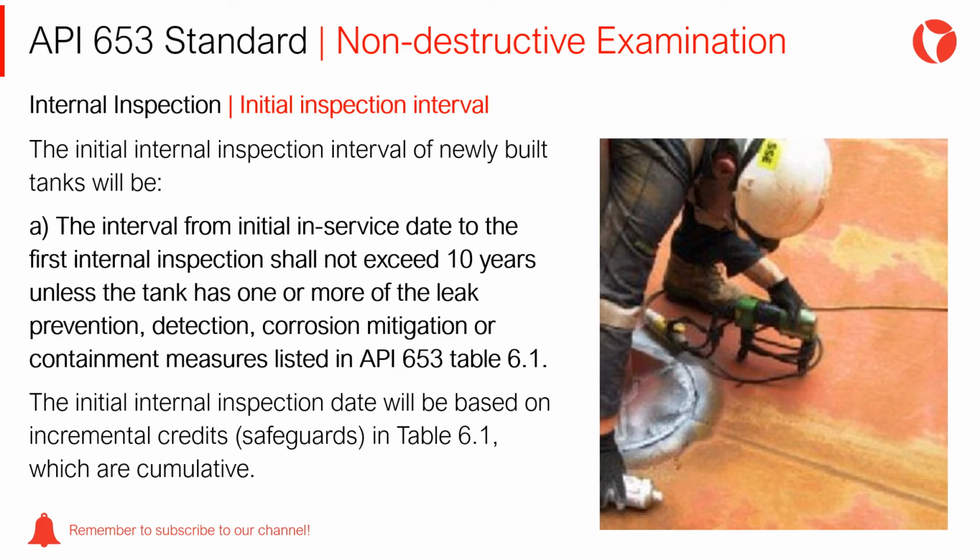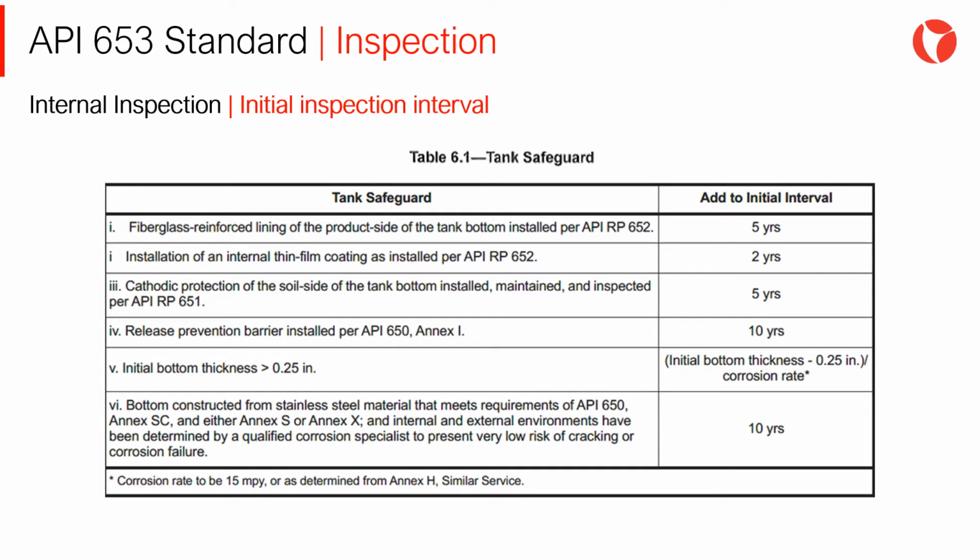The initial internal inspection date will be based on incremental credits, safeguards, in Table 6.1, which are cumulative. Table 6.1 of the API 653 is displayed on the screen, where we can see the different tank safeguards and the cumulative periods that could be added to the initial interval.